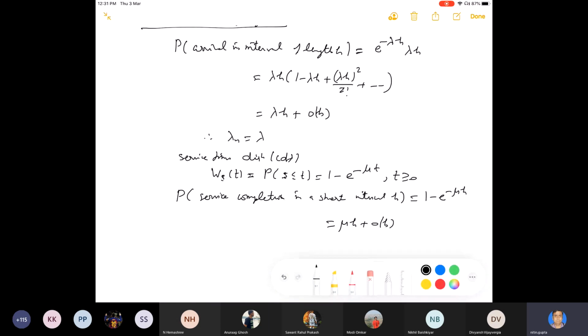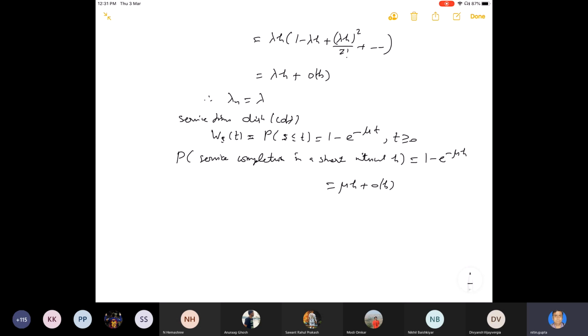Because e raised to power minus mu h will be 1 minus mu h plus mu squared h squared divided by 2 factorial and so on. So the 1 and 1 will cancel out. We have mu h plus something of order small h. So you can say that mu n is mu, where n is 1, 2, 3 and so on, and n is 0, 1, 2 and so on.